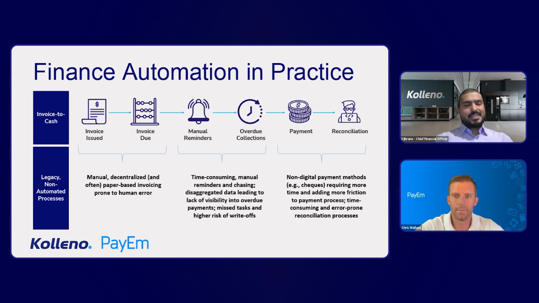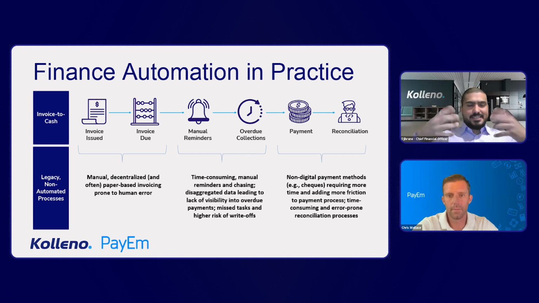And then payment and reconciliation, certainly reconciliation, is a key priority and a key pain point for many, especially in non-digital formats. Previously, non-digital payment methods such as checks required a lot more time, adding a lot more friction to the payment process, making it more time consuming and error prone.